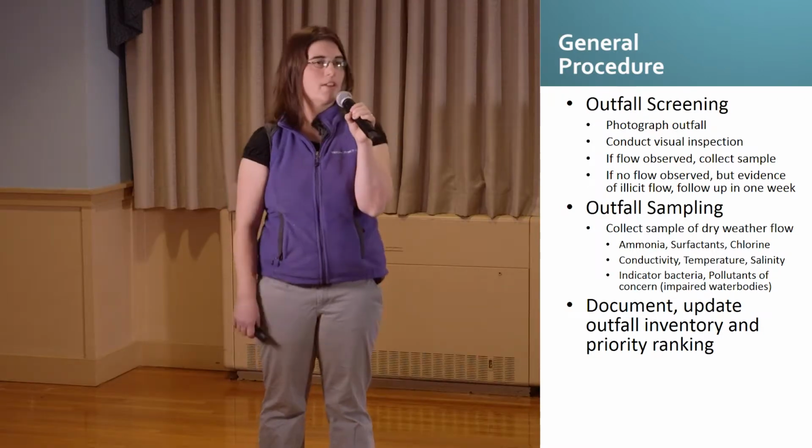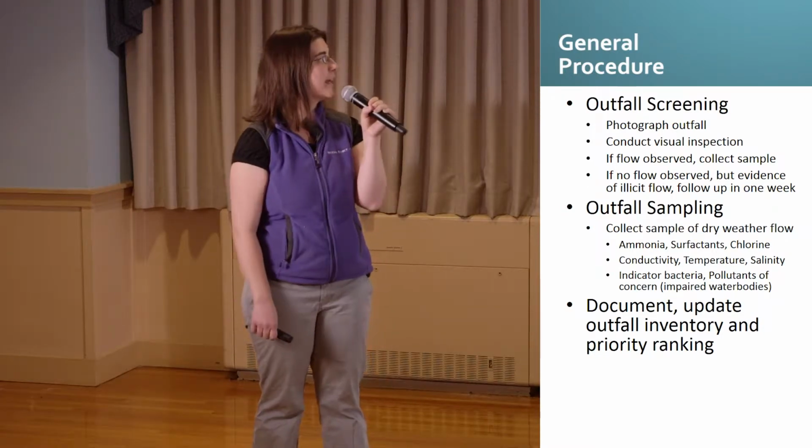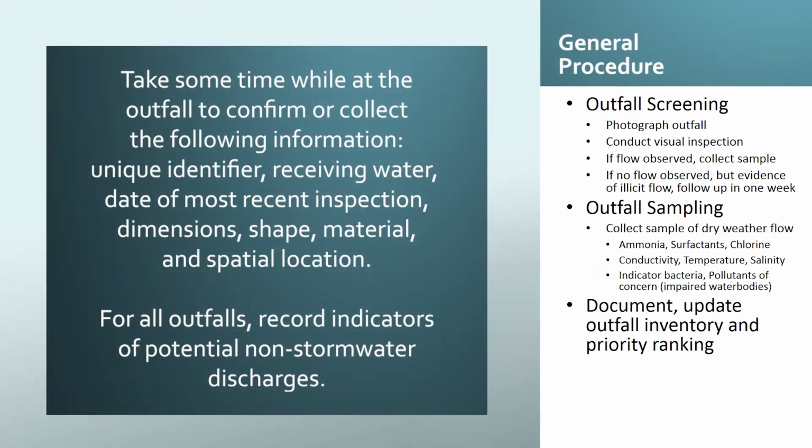So you're at your outfall and then you're going to conduct a visual inspection. Take some time while at the outfall to confirm or collect the following information: unique identifier, receiving water, date of most recent inspection, dimensions, shape, material, and spatial location.